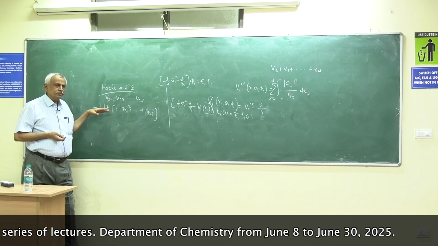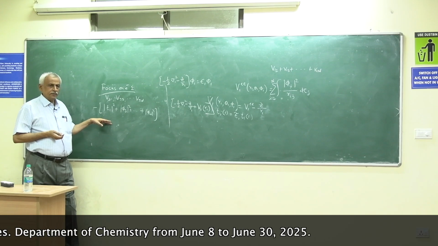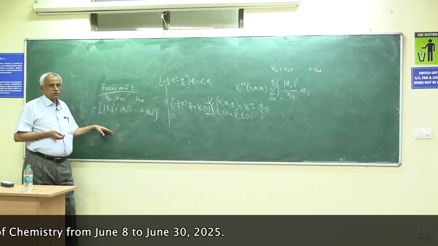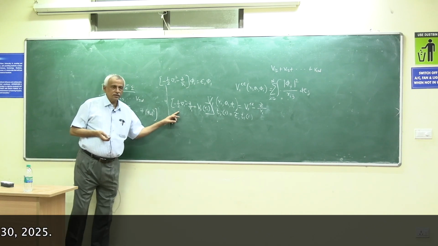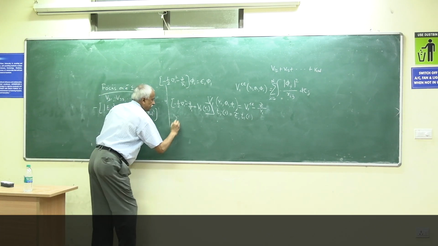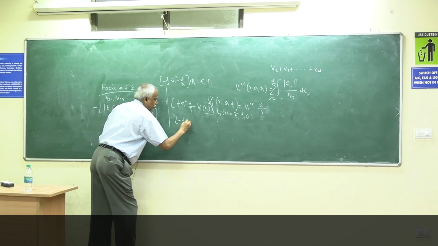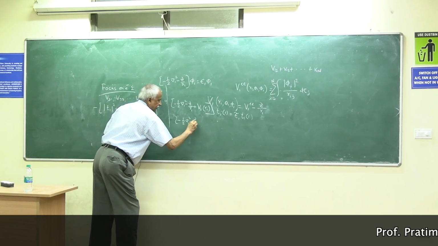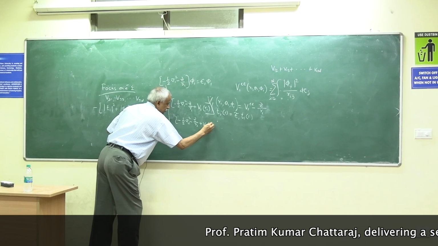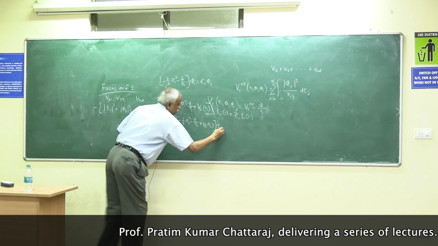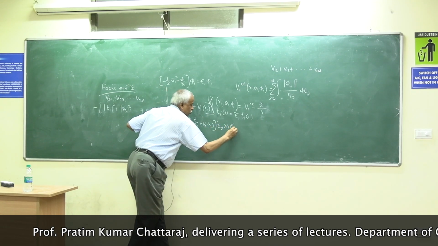Then I take all these steps, I construct the total potential, do central field approximation, and then I get the equation like this. Equation would be like minus half del 2 square minus z by R2 plus V2 R2. This would be T2 2 E2.